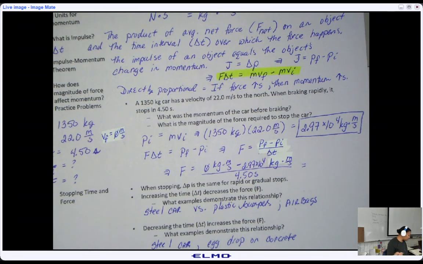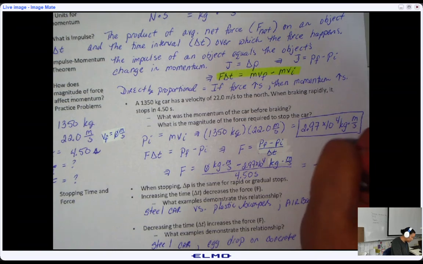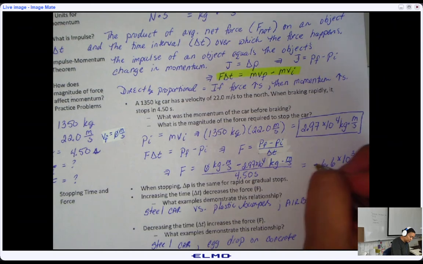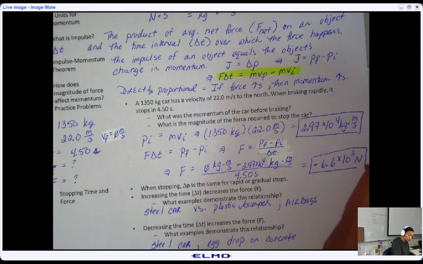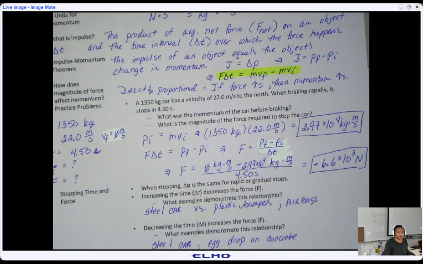Okay, and the answer comes out to be negative 6.6 times 10 to the 3rd newtons. It is negative. So remember, when something impacts, you're moving forward, but we're looking at the force to stop it, which is in the opposite direction of the motion.